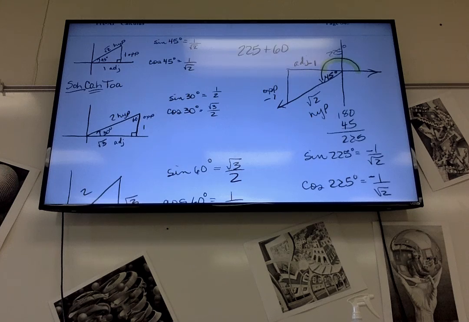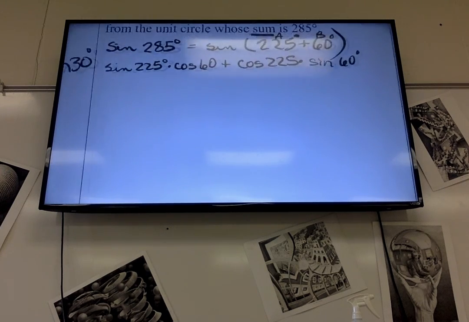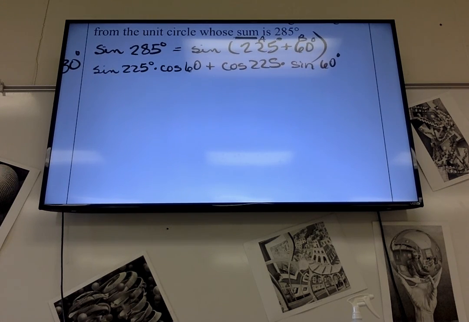Okay, so when I add those, and I'm going to use this. What was the sine of 225? -1 over square root of 2. Thank you. And the cosine of 60? 1/2. Plus cosine of 225 was also -1 over square root of 2. And the sine of 60?